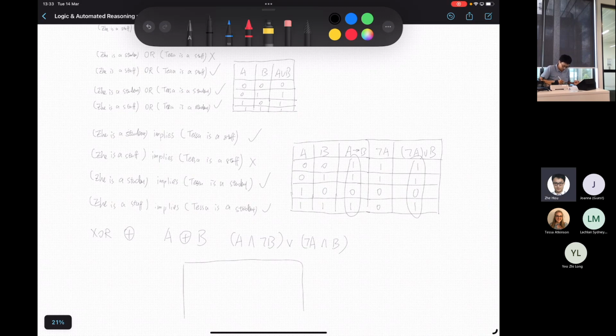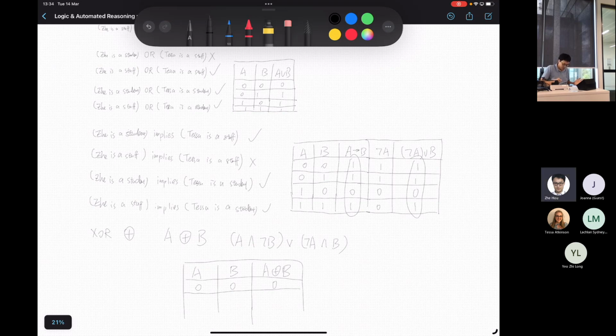So what would be a truth table for A XOR B? Now, if A is false and B is false, then you get false.